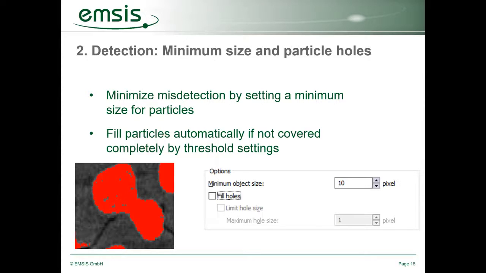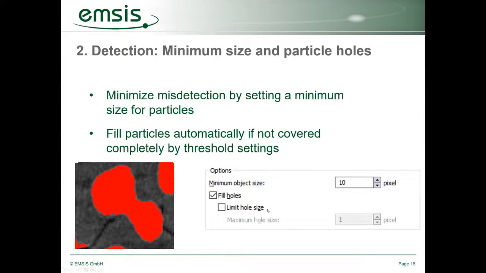But as soon as the whole particle is surrounded by one pixel line of your gray value, you can just click here on fill holes and it will fill the holes and you can grab the correct area information from such a particle.